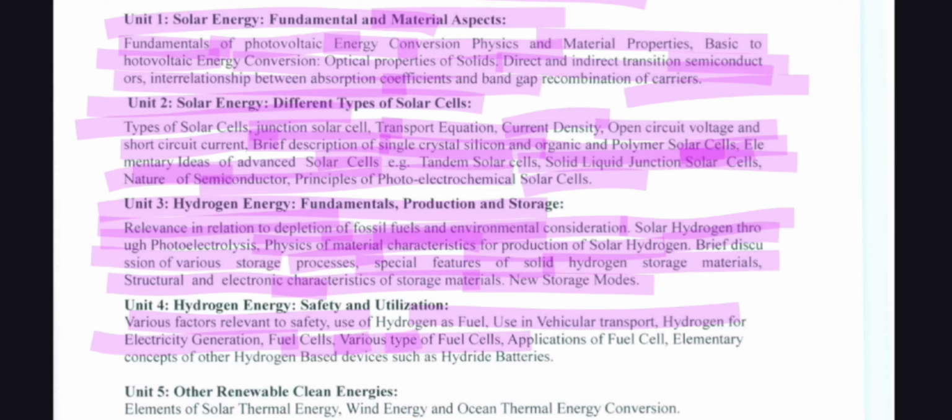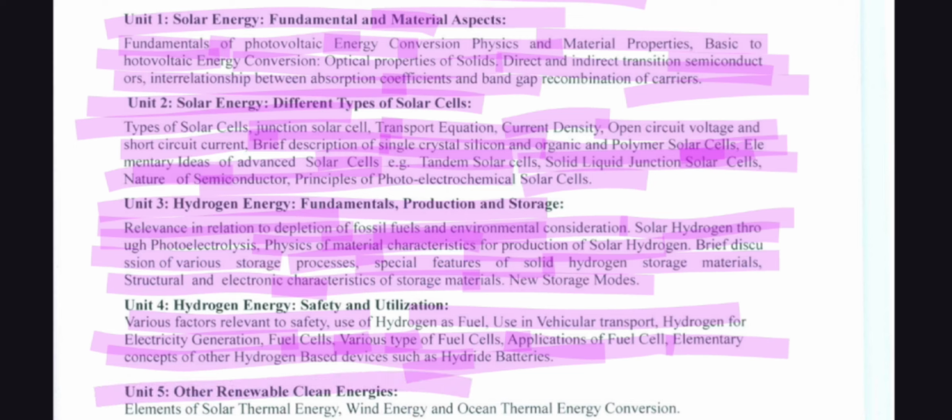Various types of fuel cells, applications of fuel cells, elementary concept of other hydrogen based devices such as hydride batteries. For example, electric rickshaw and electric car are examples of electronics, electric hydride batteries as the electric source.